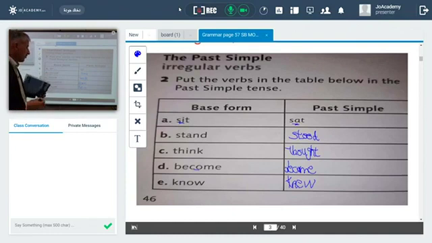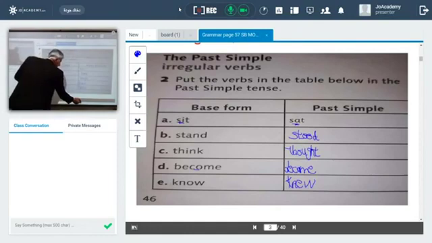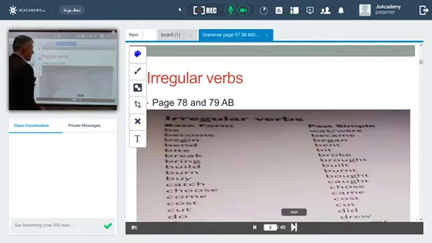Okay, let's move now to the next exercise. Here I have copied some of the irregular verbs, page 78 and 79 of the activity book. Please open your books, page 78 and 79, and go through these verbs and try to memorize them and know the meaning of these verbs.